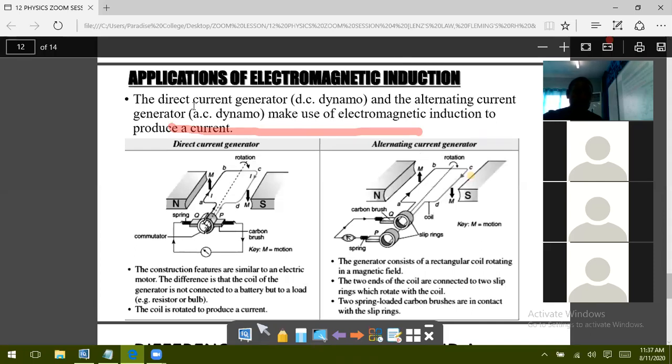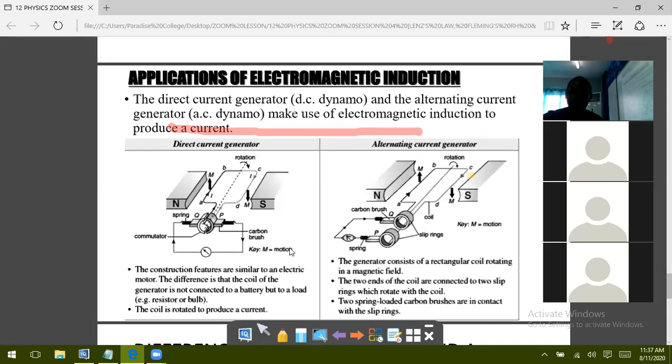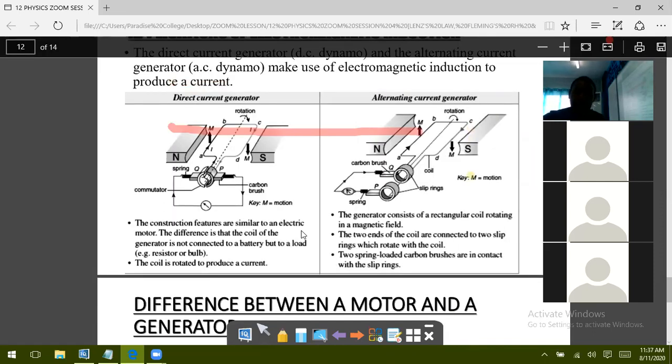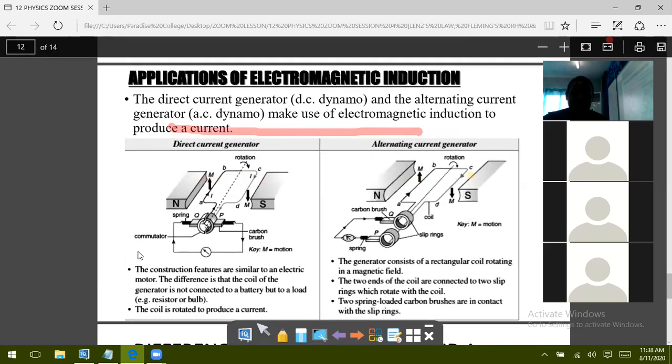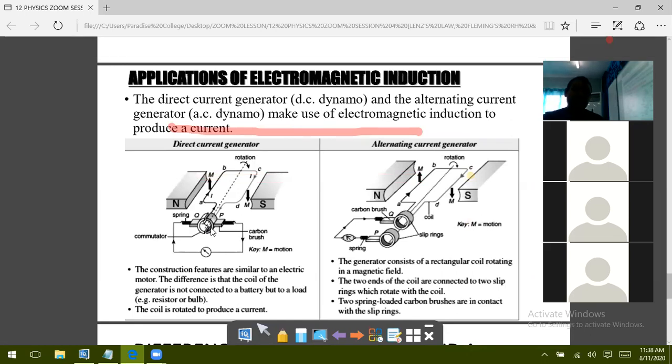The process, all of this, I am going to explain in detail maybe in a different session, or if you come back, we're going to talk about it in class. Now, you will notice that this diagram is similar to what we saw, the simple motor.